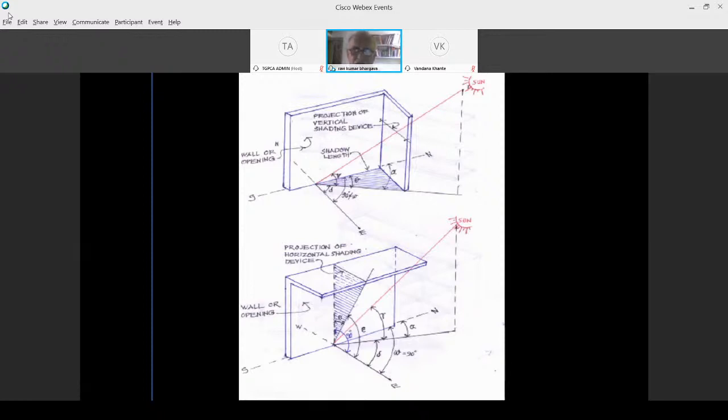Delta is called the horizontal shadow angle, which we require very much to calculate the projection of vertical shading devices. You just find out the difference between the solar azimuth angle and the wall azimuth angle, irrespective of which angle is larger and which is smaller, and mark the horizontal shading angle delta as equal to this much.